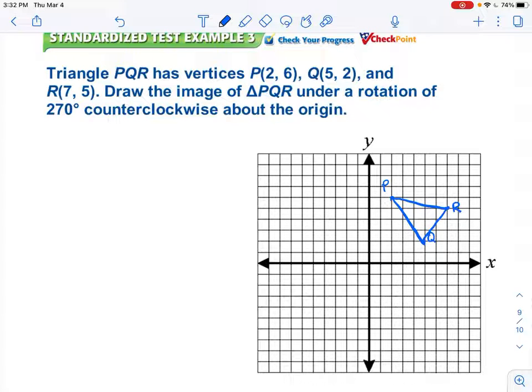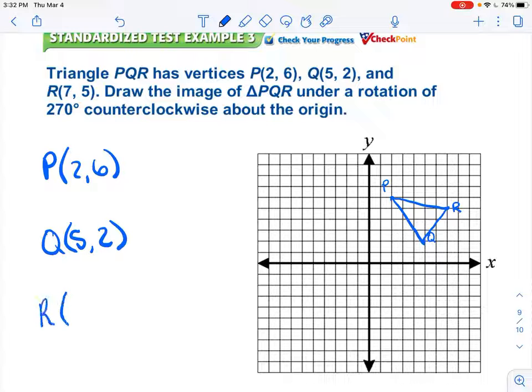And then from here, I'm going to go ahead and rewrite these, and then we'll figure out what our image points are. This time we multiply X by negative 1 and then flip them. We know it should be in this quadrant right here.